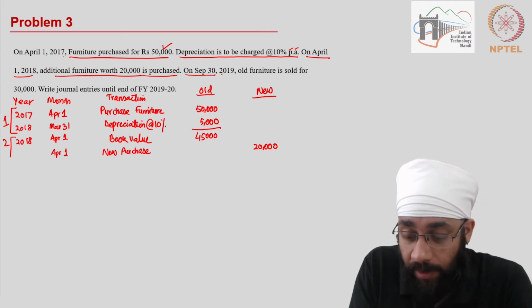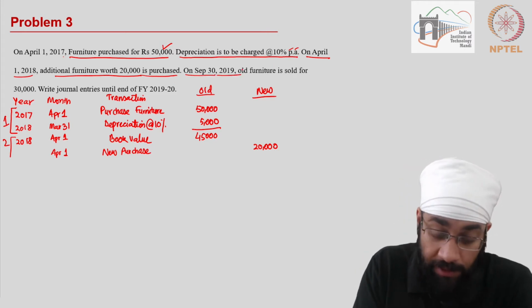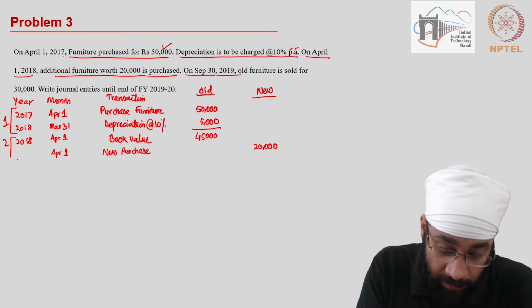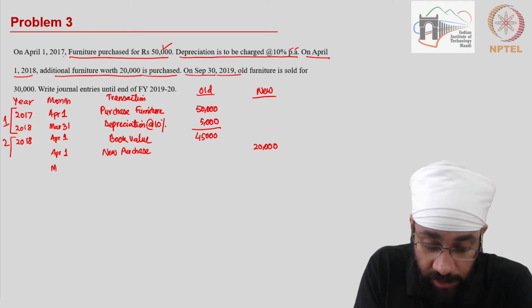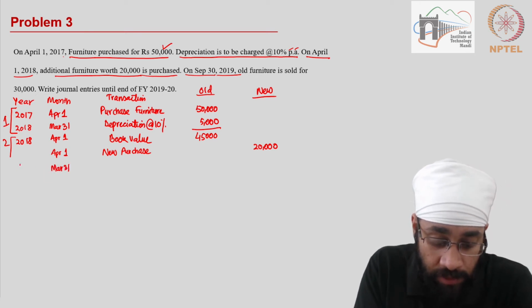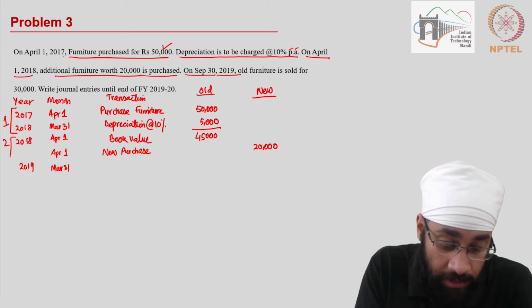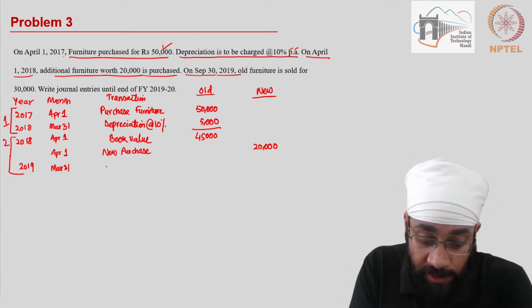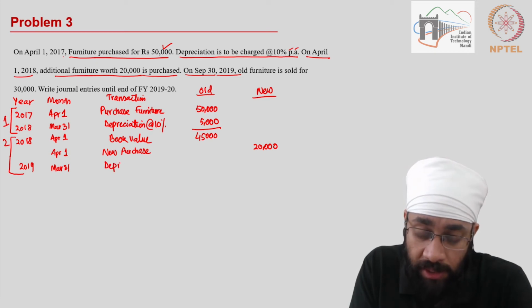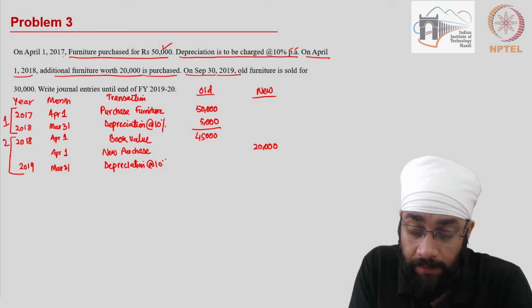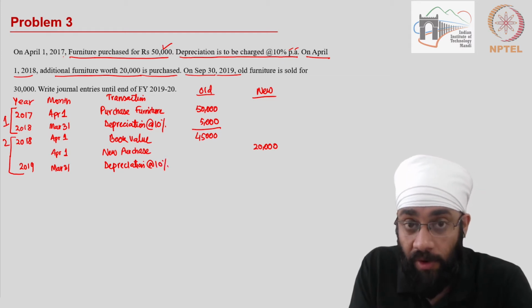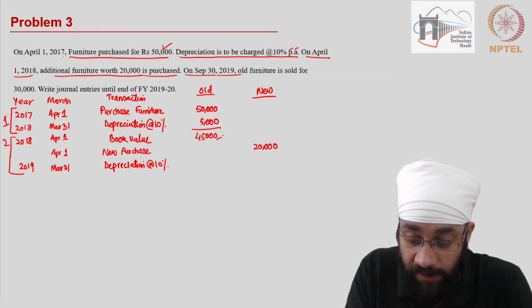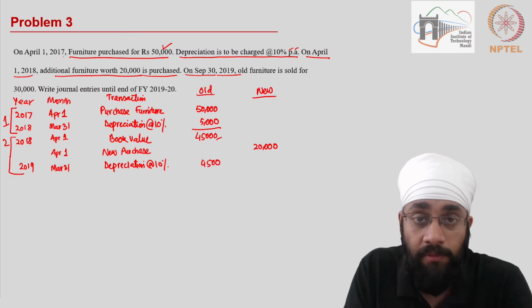On September 30th 2019, that is next year, so let me first close this financial year, March 31st 2019. This is when the second year is going to be closed. At this point in time, we are going to charge depreciation at the rate 10%. Now 10% of what? 10% of this new book value, which is going to be 4,500.